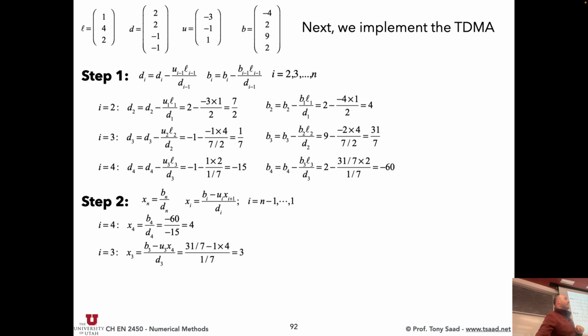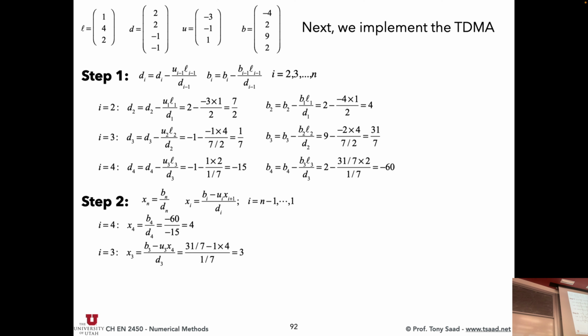Yes? I'm a little bit confused on the B3 step and step 1. Where did you get the... So that is going to be L. Okay, hold on. You're right. So B3, I might have made a mistake here. Okay, B3 is 9 minus B2, which is 2, times L2, which is 4.